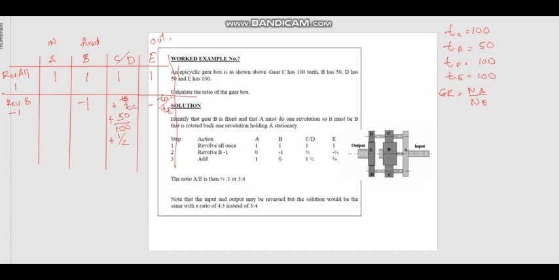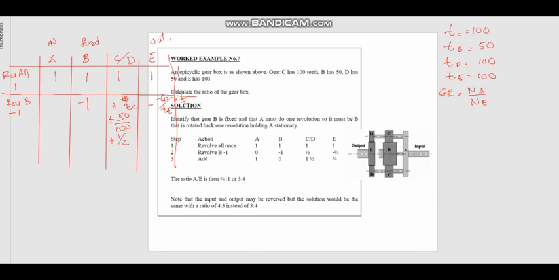This is based on the assumption that D rotates once, but D does not rotate once. D only rotates half, so you have to multiply by 1 over 2.